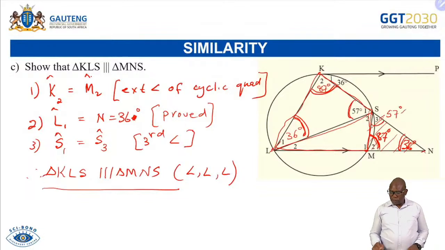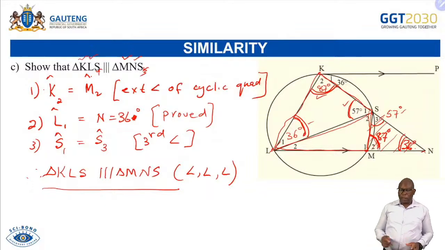So if that angle is 57 degrees, that angle is 57, this is 87, 87, 36, 36. Similar triangles, equiangular triangles, because the angles in there are equal. You can see the K and the M, the L and the N, the S and the S. So it will be S1 and S3 on the other triangle.